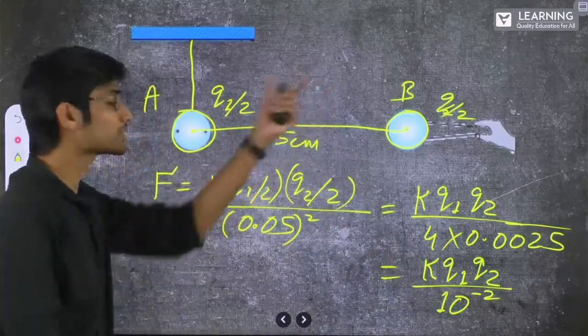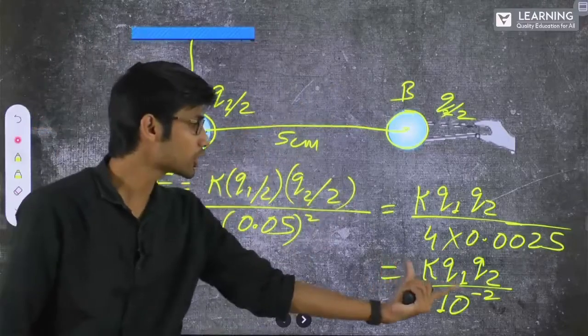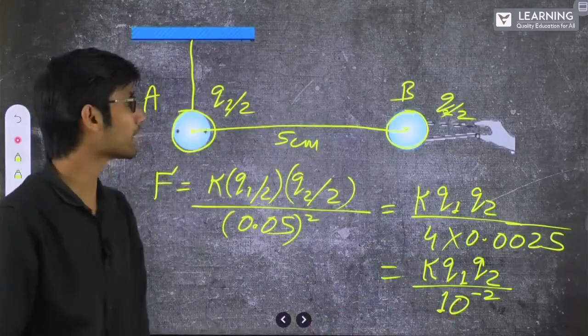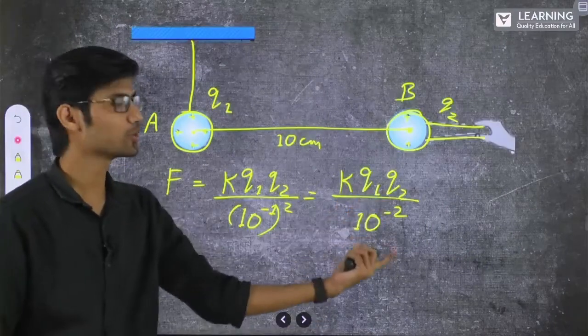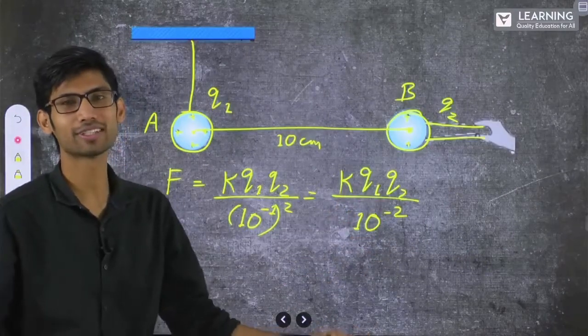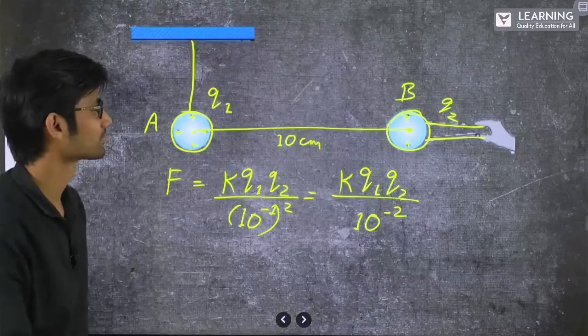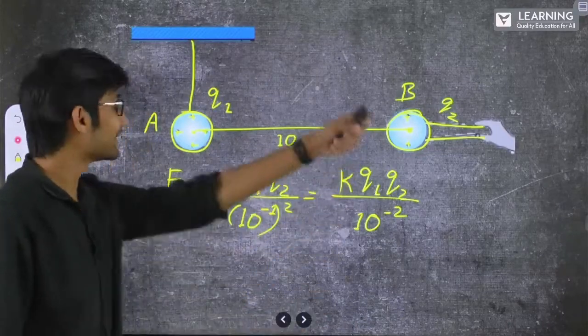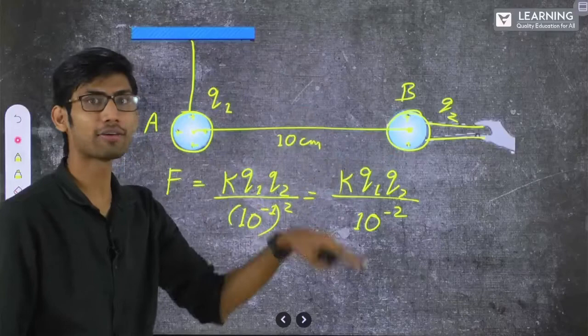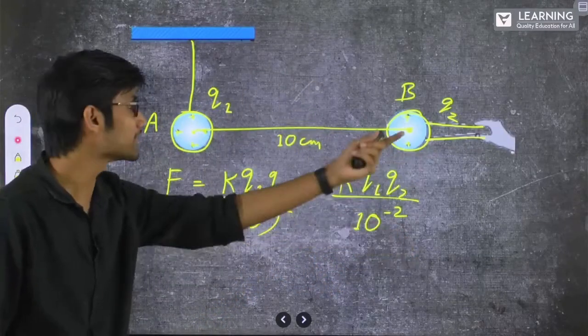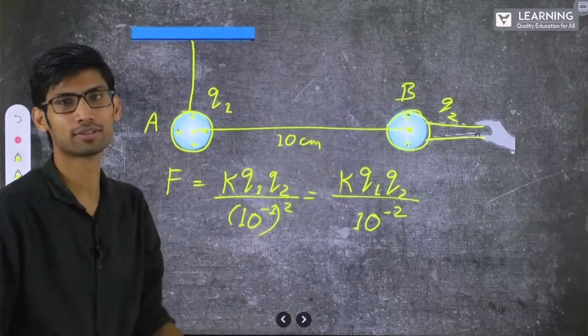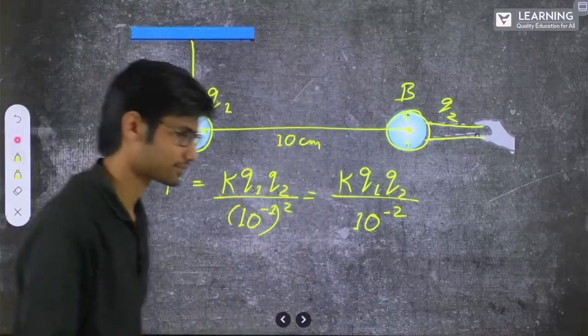So the force of repulsion now on A is K Q1 Q2 upon 10 power minus 2, and earlier it was K Q1 Q2 upon 10 power minus 2. The force remains the same. Fine. When the charges on both the spheres are halved and the distance between them is also halved, the force remains the same. Clear?